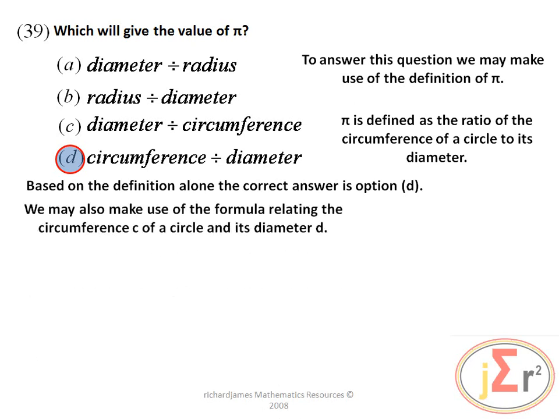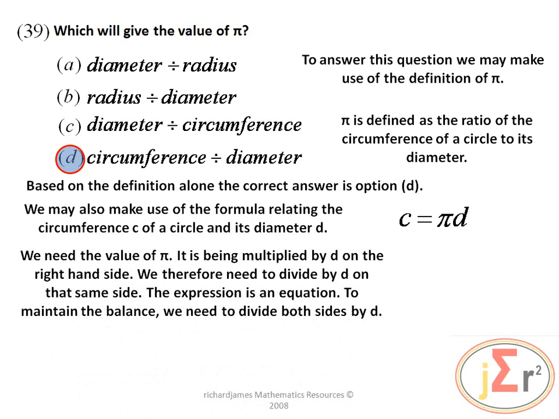We may also make use of the formula relating the circumference C of a circle and its diameter D. C is equal to pi D, or C is equal to pi times D.